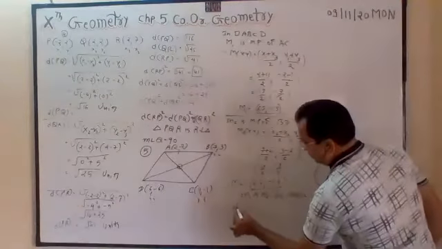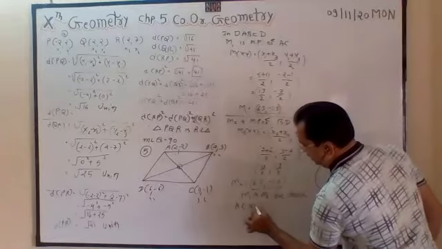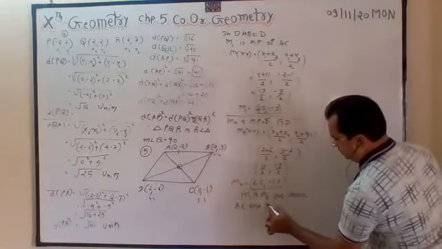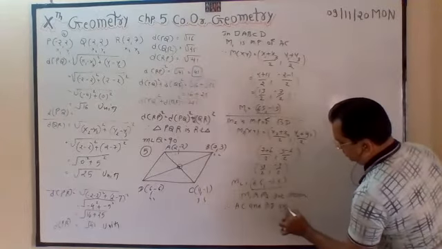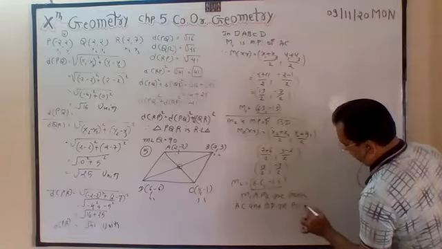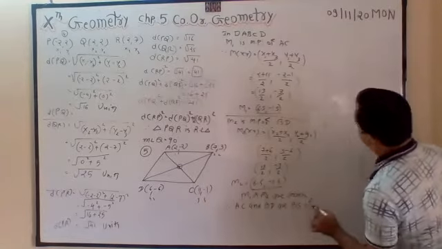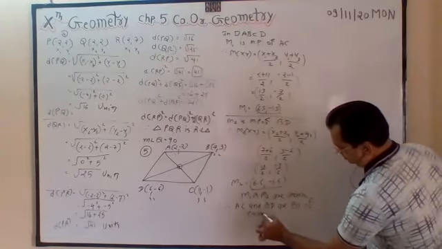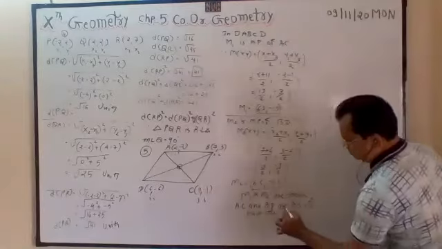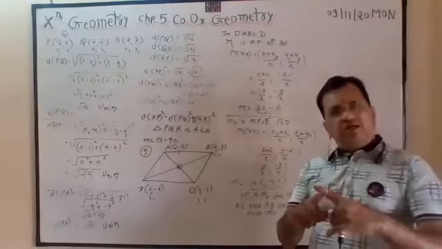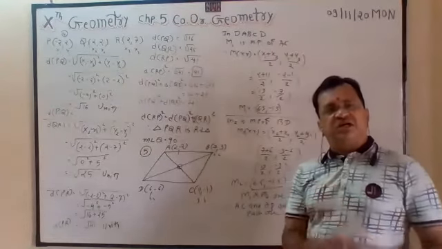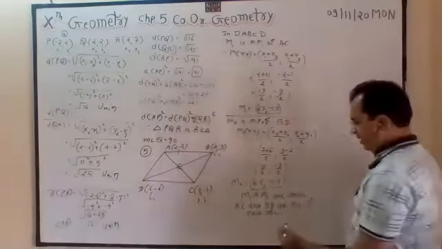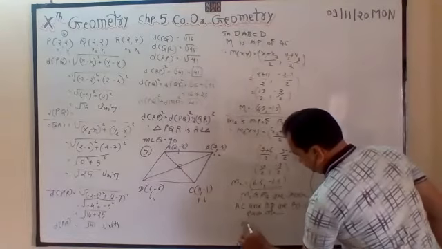Therefore, AC and BD are bisectors of each other. When two diagonals are bisectors of each other, it is 100% a parallelogram.